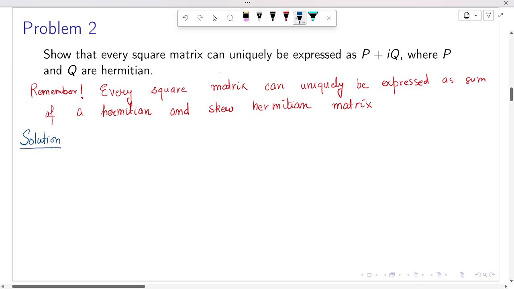So what do we want? We want to write a square matrix as P plus iota Q where both P and Q are Hermitian. Let A be a square matrix.